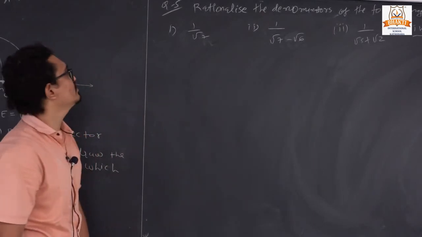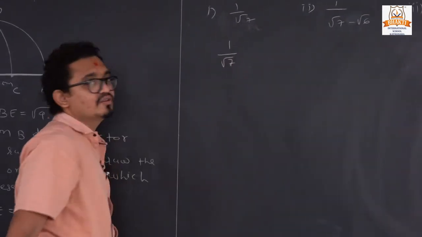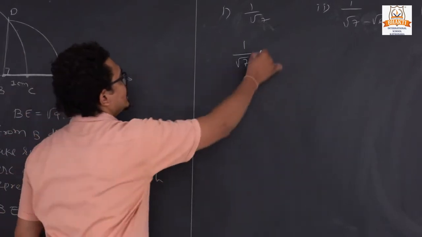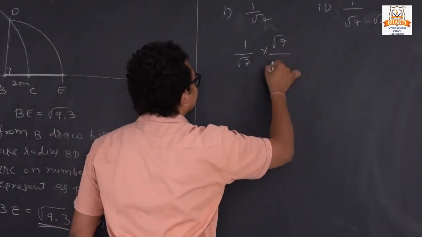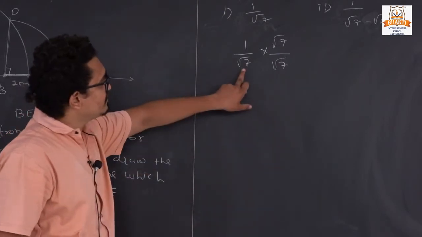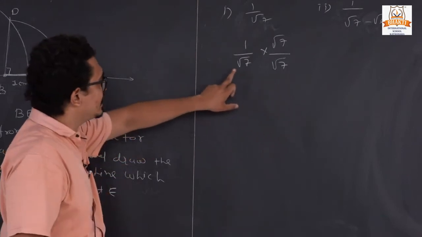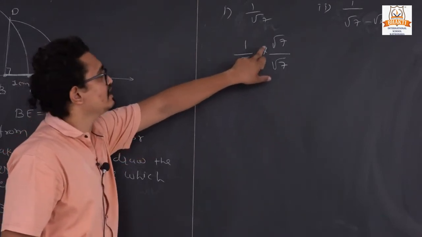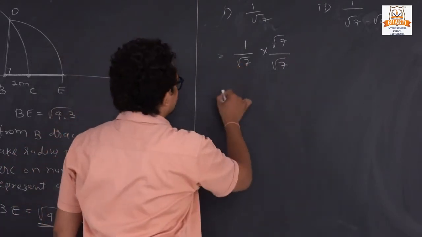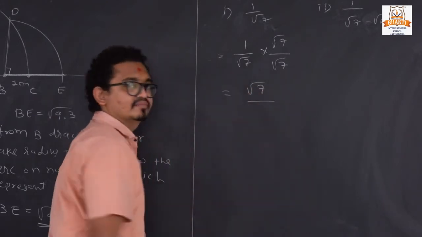1 upon under root 7. First of all we write 1 upon under root 7. Now we want to rationalize the denominator term, so we multiply and divide by under root 7. If we have a root 7 in the denominator, we multiply and divide by root 7, and if we have a root 5, we multiply and divide by root 5. Root 7 into 1 is root 7.